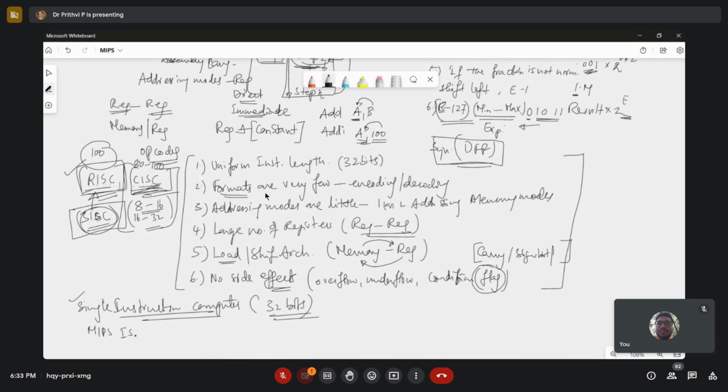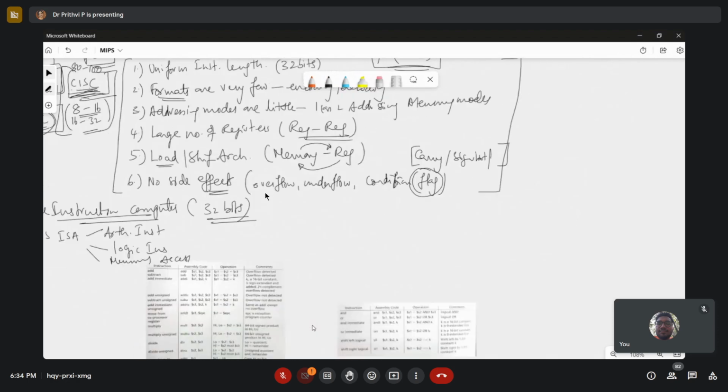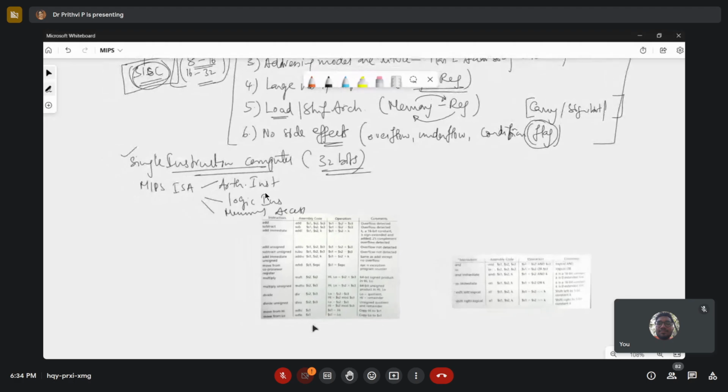MIPS ISA, you can have arithmetic instruction, logic instruction, and next one you can have another, memory access instruction. These are our tables of instructions, what I can show you.